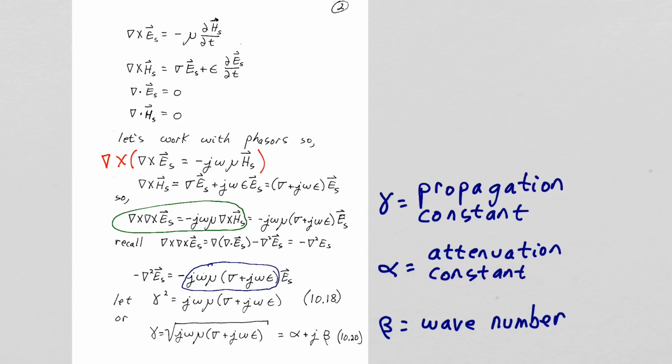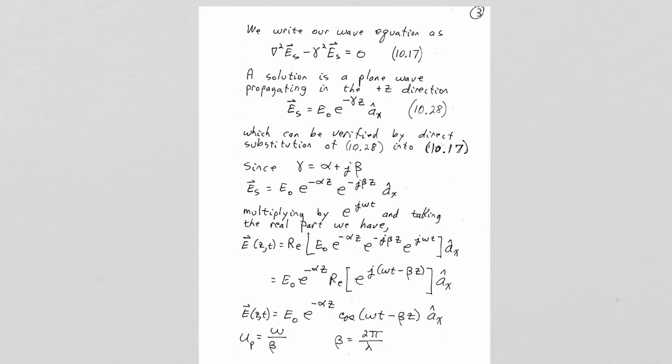Rewriting this term as gamma squared, we can write our wave equation as the Laplacian of the electric field intensity minus gamma squared times the electric field intensity is equal to zero. By direct substitution, you can show that this is a solution to our wave equation.